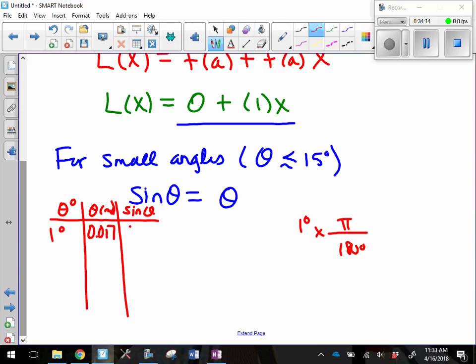It's what? Take 5 degrees. What's 5 times pi over 180? And take the sine of 0.087. 10 degrees. That should be 0.17 radians.